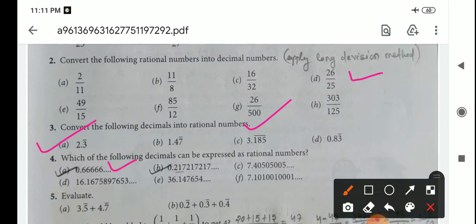Here also repeated numbers are there, 217, then again 217, 217. So A and B we can convert, but here you see 405050, there is no definite sequence of digits. So C, D, E, F we cannot convert.